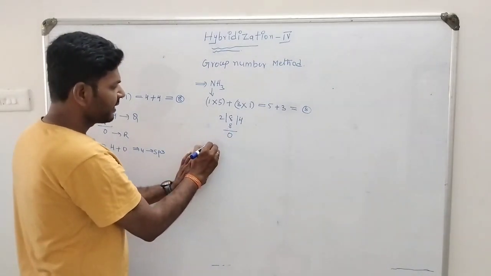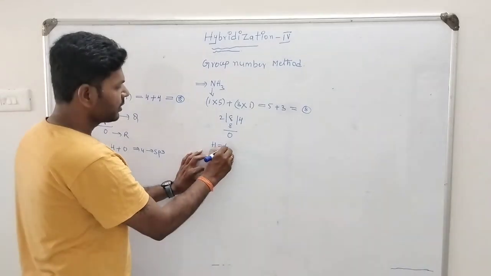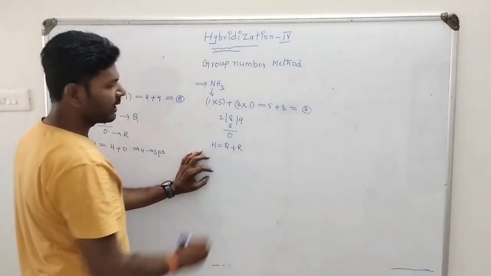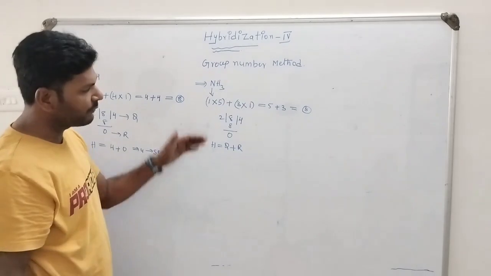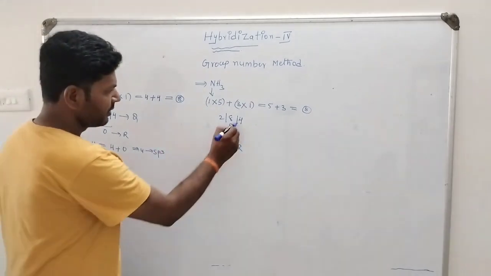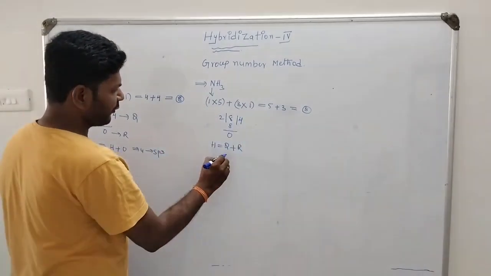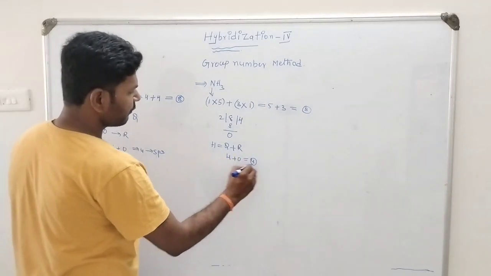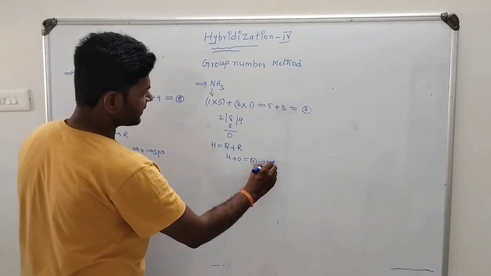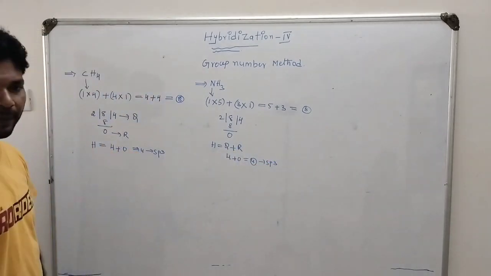H equals Q plus R. Until the remainder is either 0 or 1, we continue the division process. So quotient value 4 plus 0 is 4. 4 means sp3 hybridization.